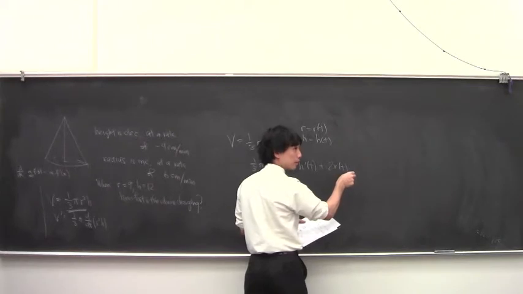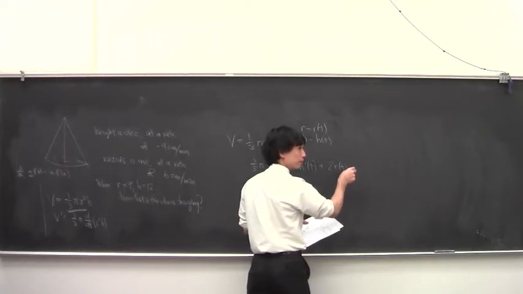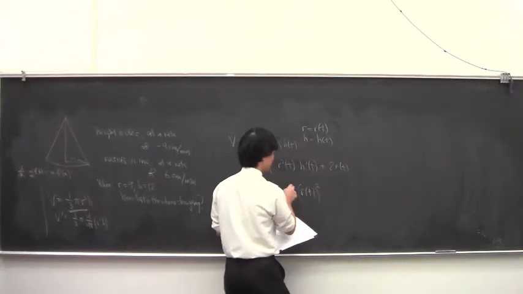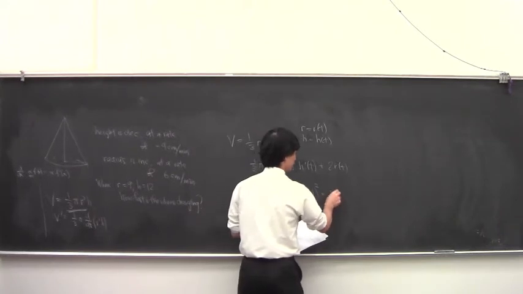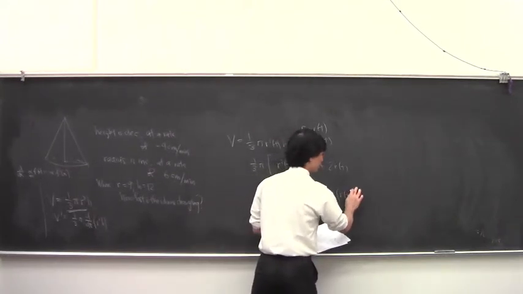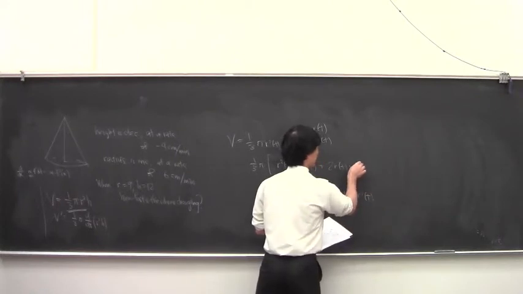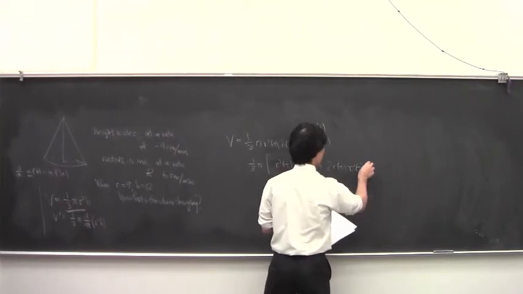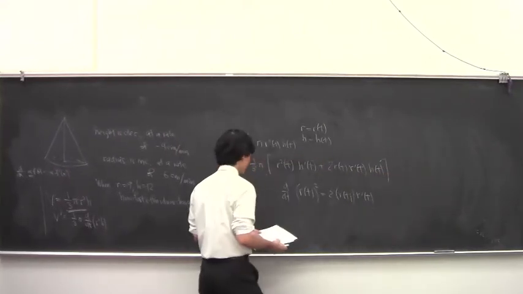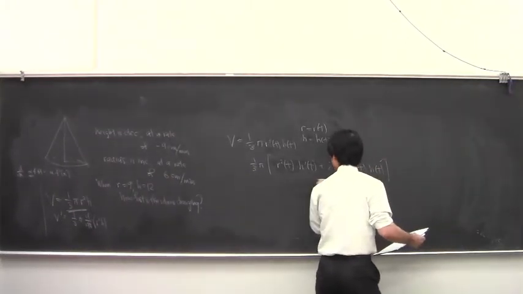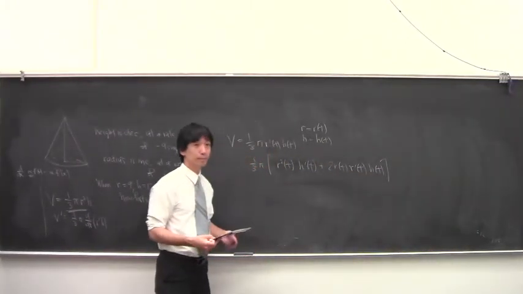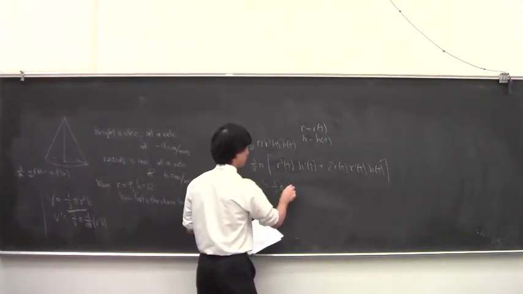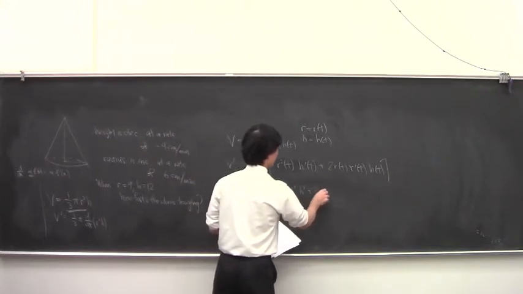Times another h. You've got r squared and you differentiate it, you're going to get 2r times r prime. So you have to use the chain rule, right? Derivative of the first guy times the second guy. Okay, so v prime is 1/3 pi r squared h prime plus 2r r prime h.